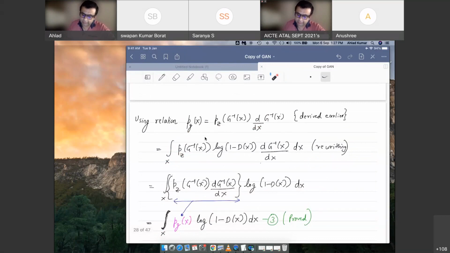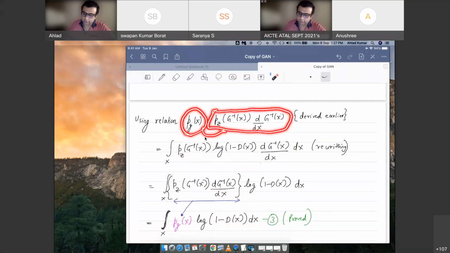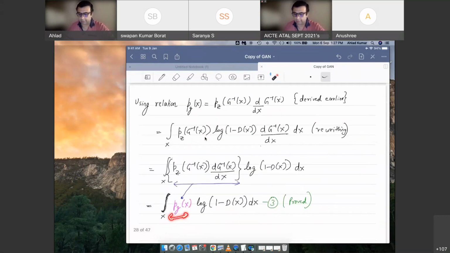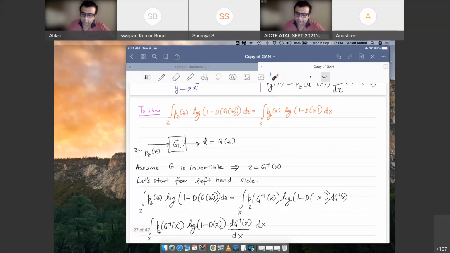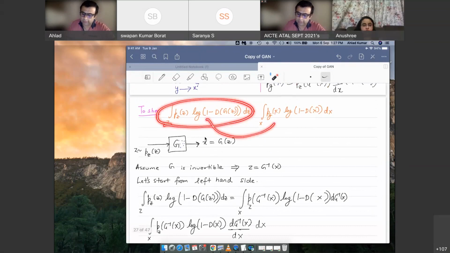These two terms are recollected and clubbed together here. And then we have log of 1 minus D of x. And this particular thing which is given over here is actually a combination of these two. So it's Pg of x here. So now what we were trying to prove, that this is equivalent to this, is done.